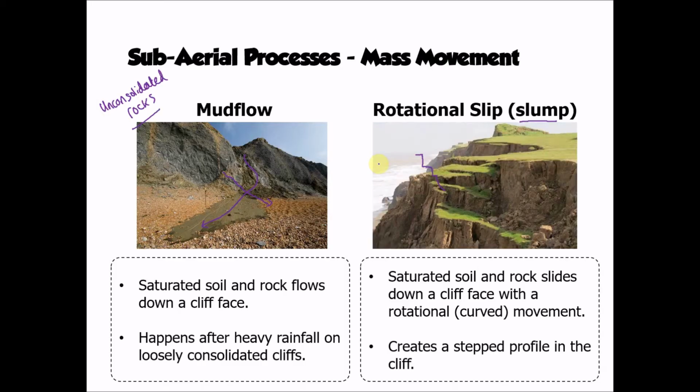You can see that quite clearly on this picture here. So again, we can trace that stepped appearance of the cliff face as we look down it here, and also you can see that there's been a bit of a curved slide of material, and this grass that's down here would obviously once have been level with the top of the cliff there.